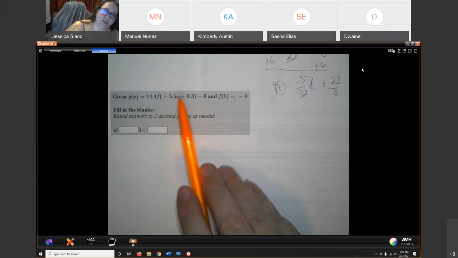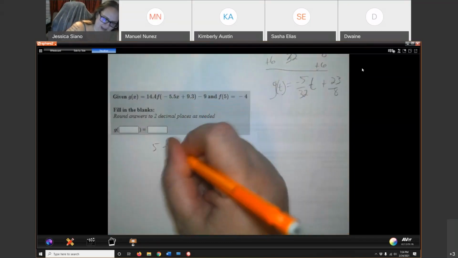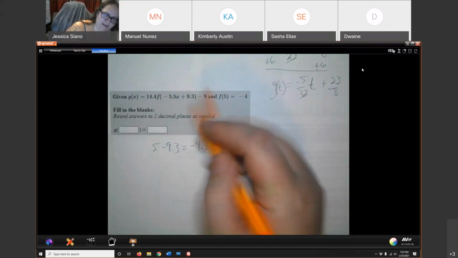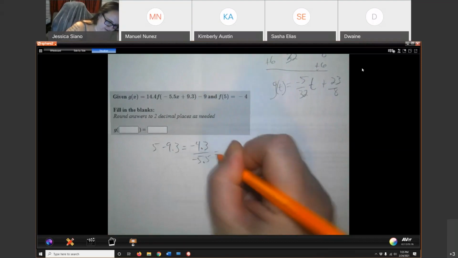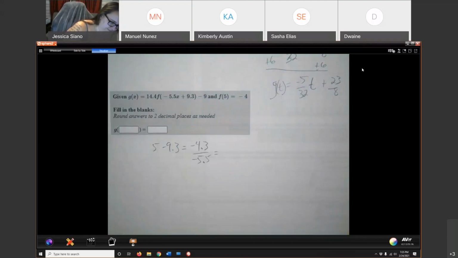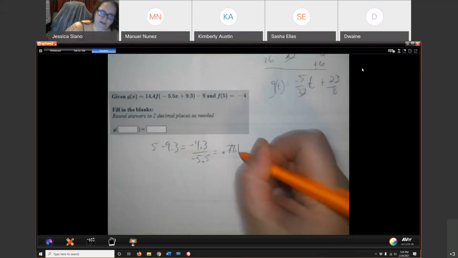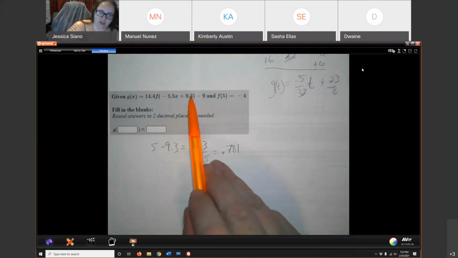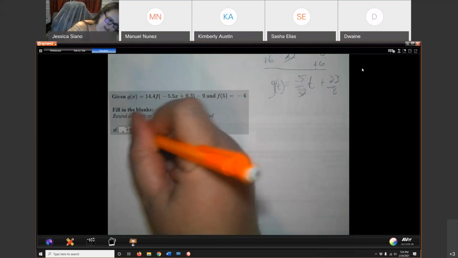So what we will do is we will take this 5 and subtract the 9.3 first, and then divide the -5.5. So again, instead of multiply and add, we subtract and then divide. So this will be 0.78.